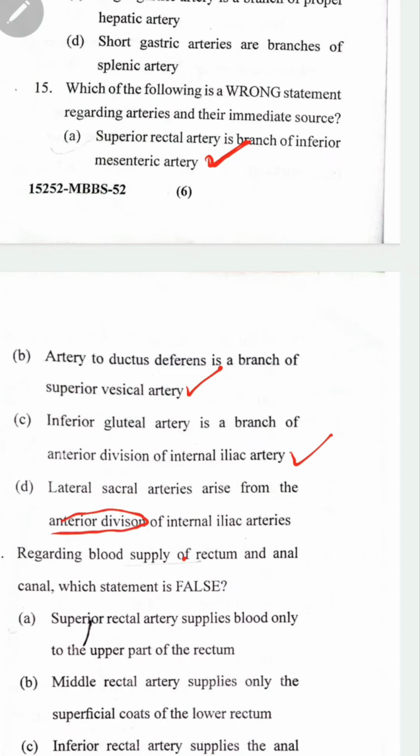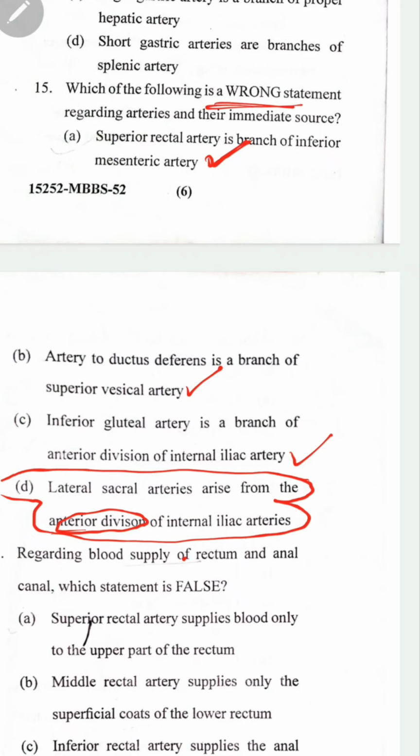No, this is the wrong thing. They will arise from the posterior or the dorsal division of internal iliac artery. So remember, lateral sacral arteries arise from the posterior division. So your answer, because they have asked to select the wrong statement, will be D. 15th answer is D.